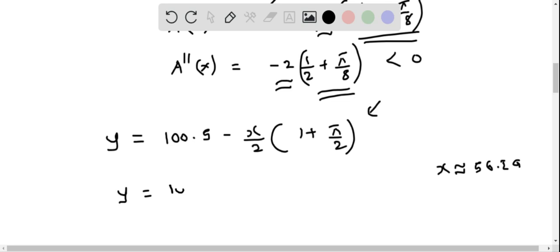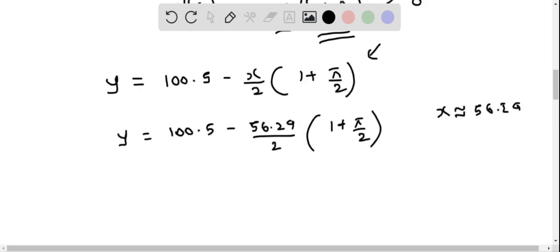So it gives 100.5 minus 56.29 divided by 2 times 1 plus pi by 2. Once again, we plug this expression into the calculator. All these are constants, so we will definitely get some numerical value. So y is approximately 28.14 feet.